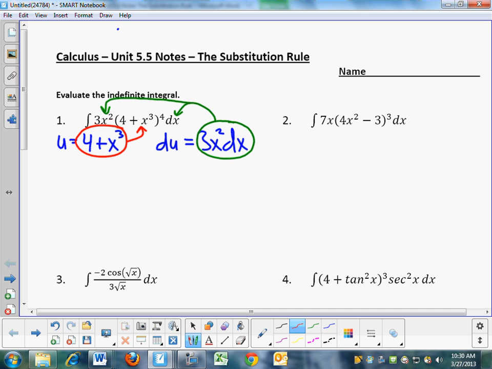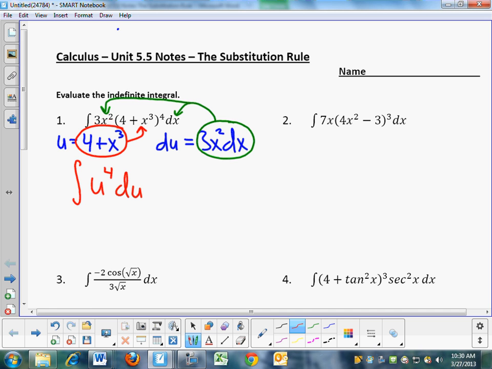So instead of doing this integral, which looks complicated, let's do this integral. The integral of, instead of a 4 plus x to the third, I put in a u. What power am I taking u to? The fourth. And instead of a 3x squared dx, I put a du. So that's the substitution principle.